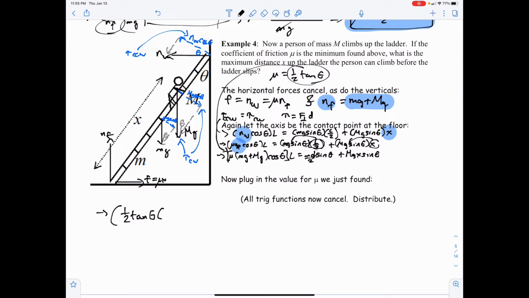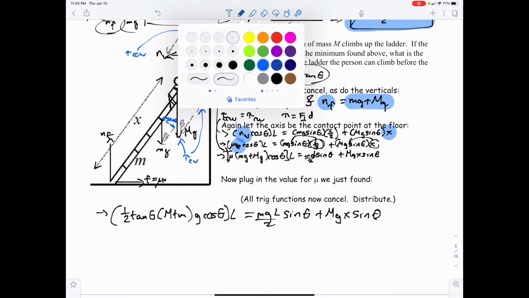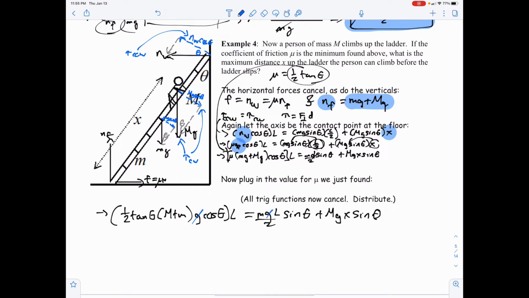I'm going to factor out a g. So it's big M plus little m, and then I've got a factored out g cosine theta, all of that times L, is equal to little mgL over 2 sine theta plus big Mgx sine theta. The reason I factored out a g over here is because you can see now there's a g in every term, and the g will cancel. So that simplifies it a little bit.